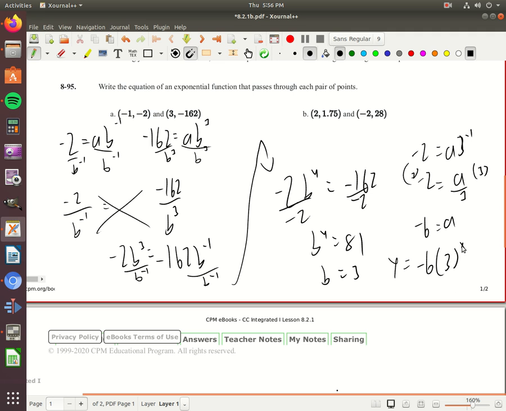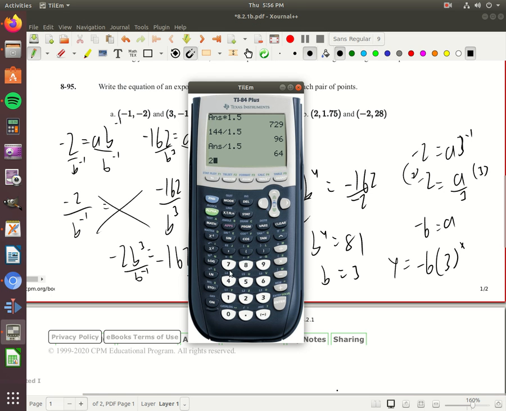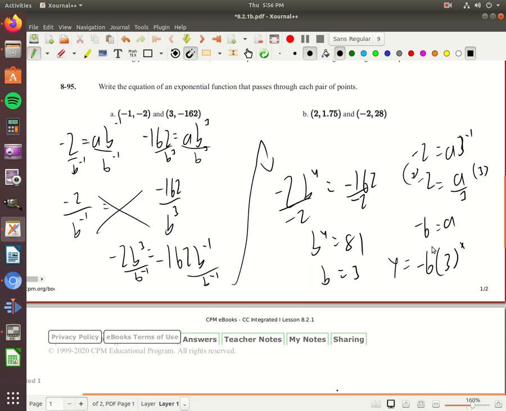If I plug in -1, I'm going to get -6 over 3, which is -2, which is correct. If I plug in 3, I get 3, 9, 27. 27 times -6 hopefully equals -162. So times -6 equals -162. So I feel really good with this equation. Y equals -6 times 3 to the x.